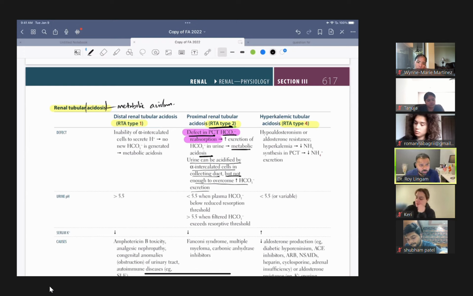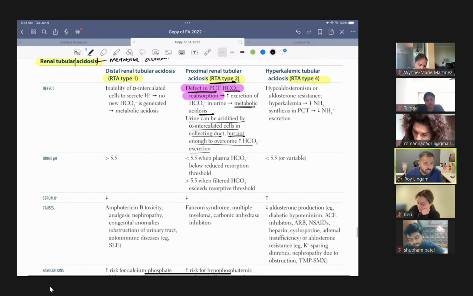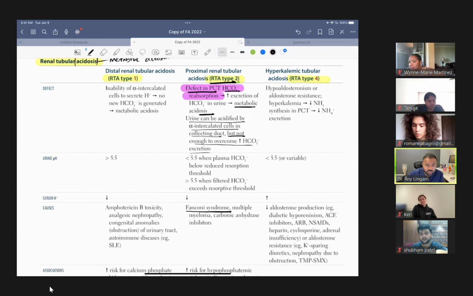Everybody clear, folks? Okay. Now, one example I can give you, Fanconi syndrome. Can you say Fanconi syndrome causes type 2 RTA? Yes or no? What is Fanconi syndrome? A defect in reabsorption in the PCT, right? So if you cannot reabsorb anything in PCT, which includes your bicarb too, right?